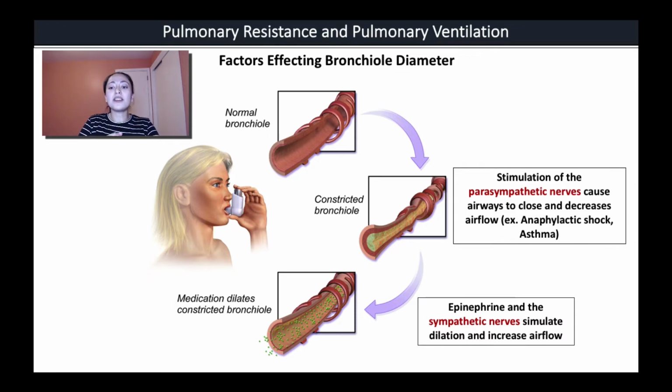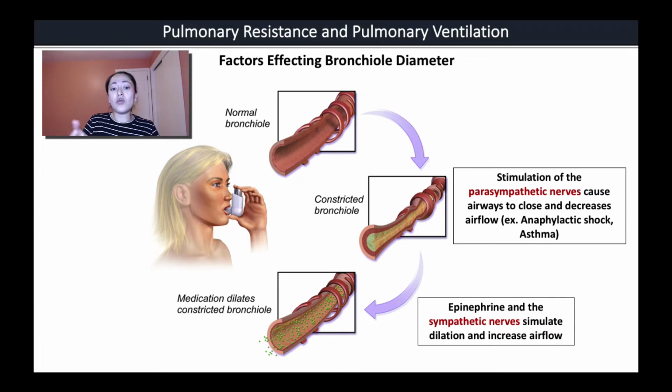What happens during an asthmatic attack or during anaphylactic shock is your bronchioles constrict, and that's because your parasympathetic nerves are stimulated. And so this closes your airways. And in the case of asthma, not only do the airways become closed, they start to fill with fluid. And that's really going to increase pulmonary resistance and make it hard to breathe.